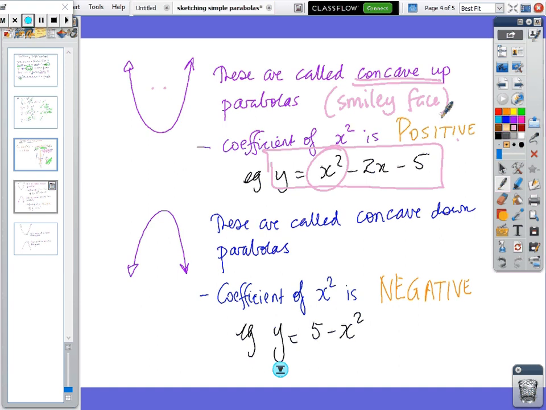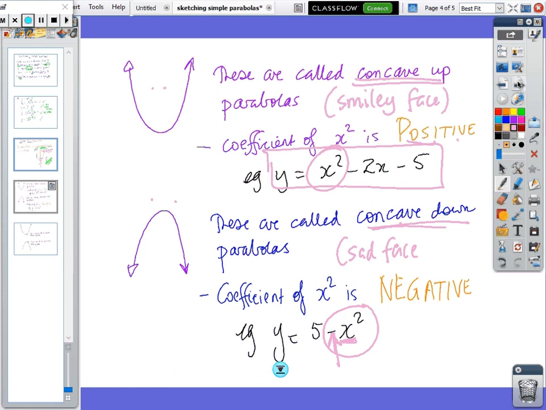And if you have a concave down parabola, it's because the x squared term has a negative in front of it. So if the x squared has a negative coefficient, then we call them concave down, and sometimes in classes they might call them sad face. So if the x squared is positive, it's concave up. If the x squared is negative, it's concave down. So copy that and come across when you're ready.